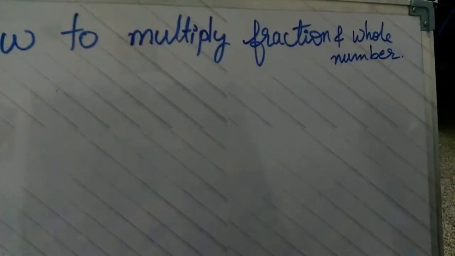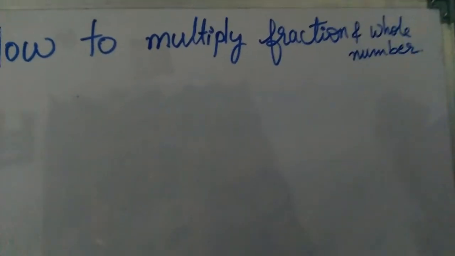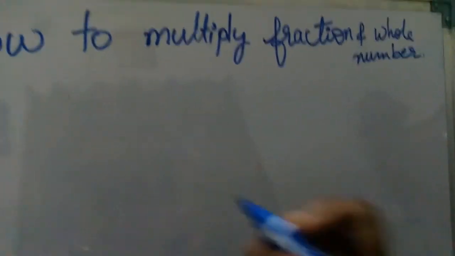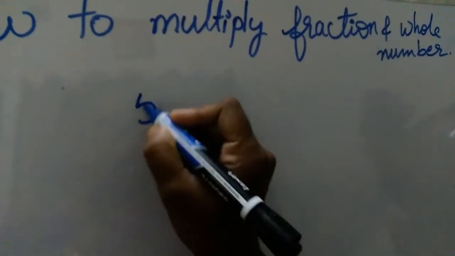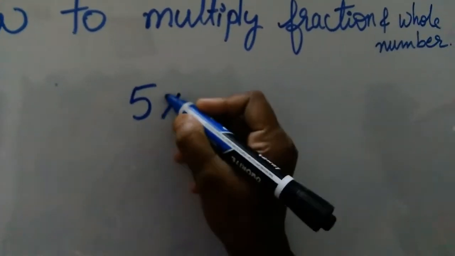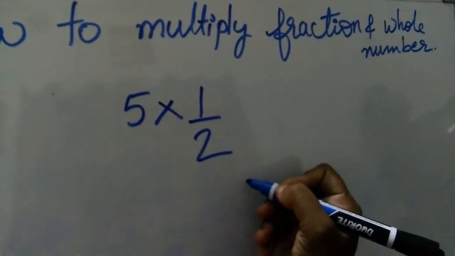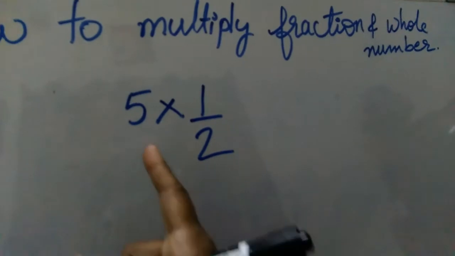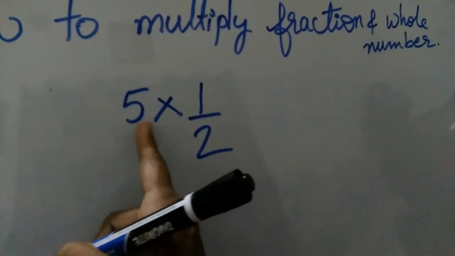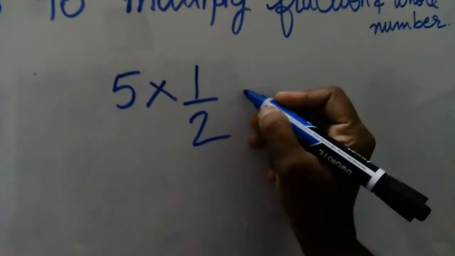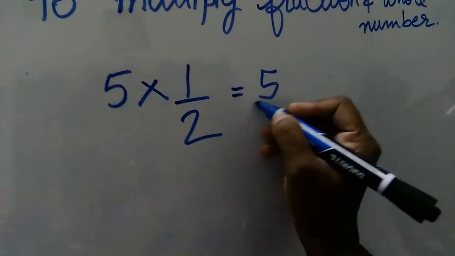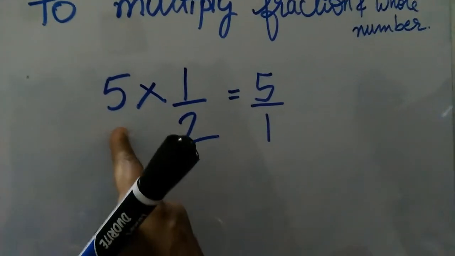Now, how to multiply a fraction and a whole number? For example, 5 is a whole number, 5 multiplied by 1 upon 2. Here the number is 5. We can write it as 5 upon 1. 5 upon 1 is same as 5.